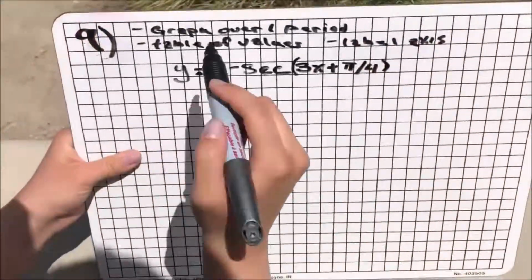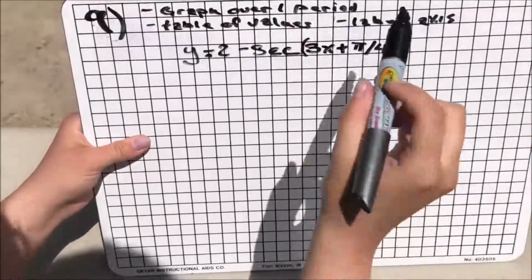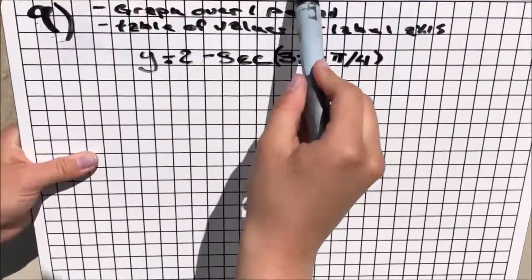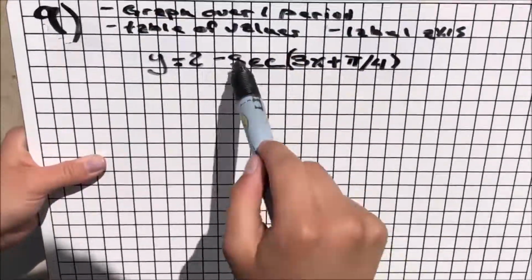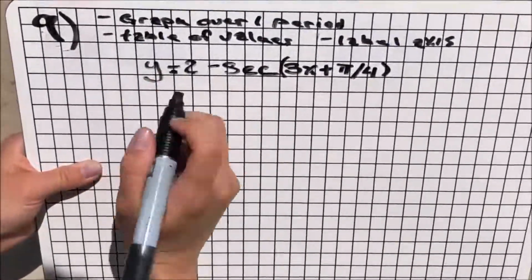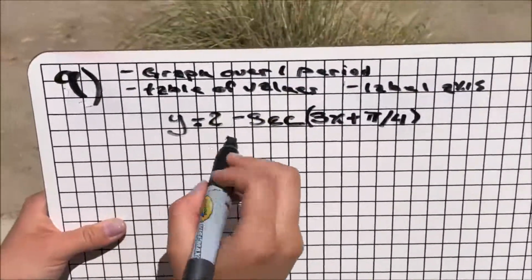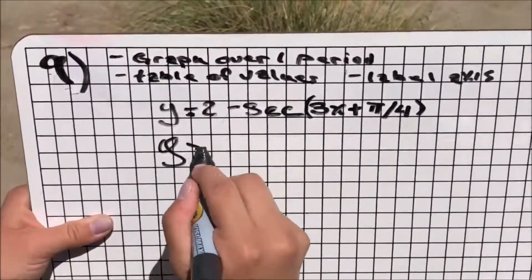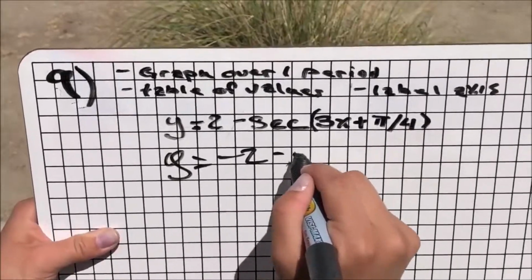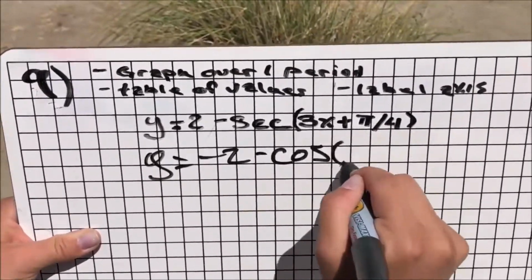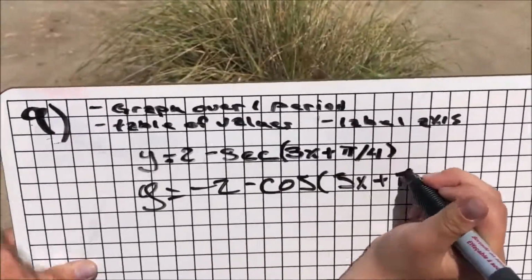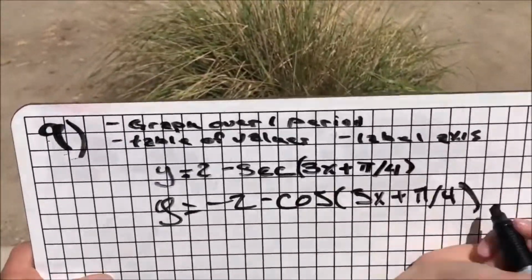Problem 9. First, we're going to make sure to graph over one period. We're going to do a table of values and label the axes. So what we're going to do first is turn this equation into cosine, which will be y equals -2 minus cosine, and then 3x plus pi over 4.